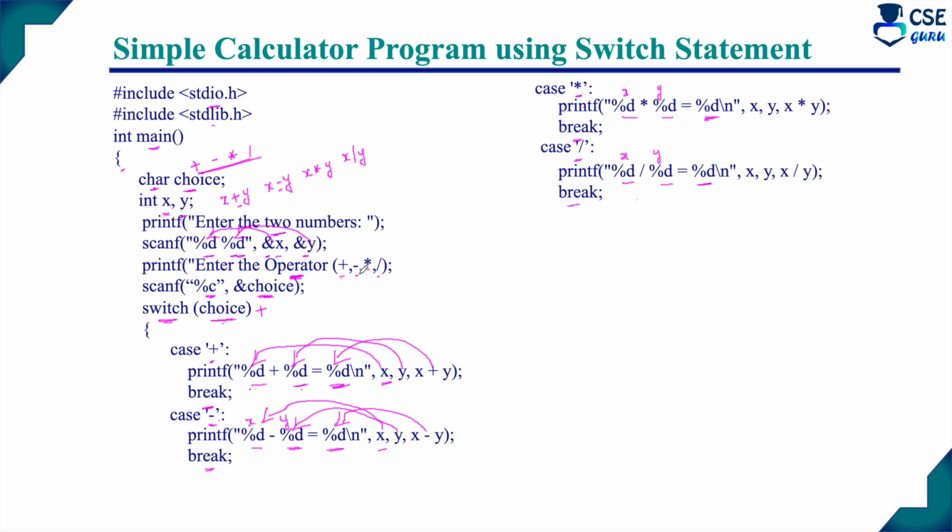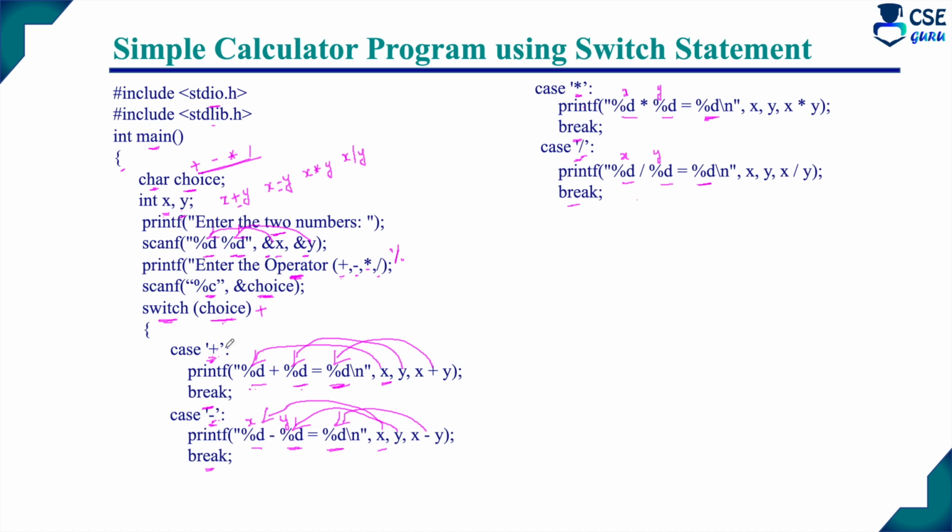In that case, this case statement will fail, here it will fail, and here it will fail. All four case statements compare against the specific operator and fail. Only when it matches a specific operator will the corresponding statements execute. Otherwise, it won't execute the corresponding statement.